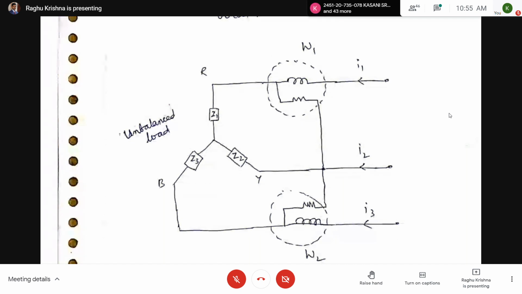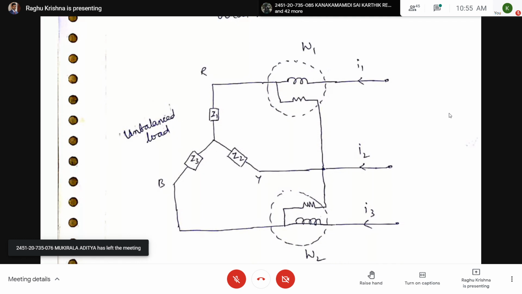So the current coil will be carrying the line current. The top one is carrying the line current. So the resistance of the current coil will be very low. It is made up of few turns, and the thickness will be more, so it will have less resistance.